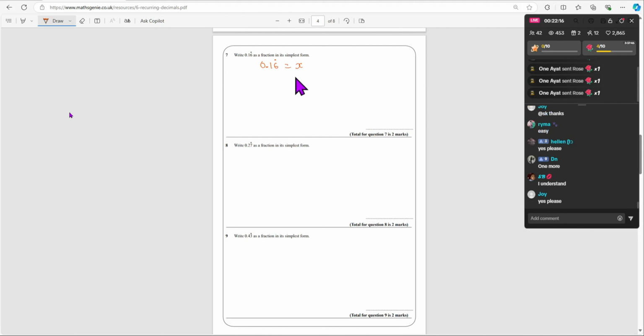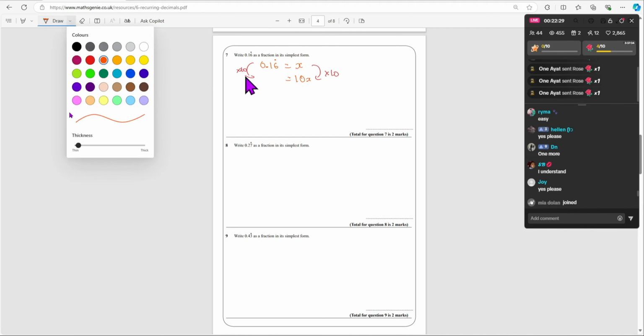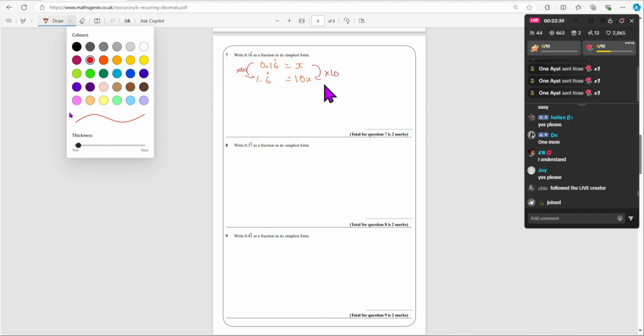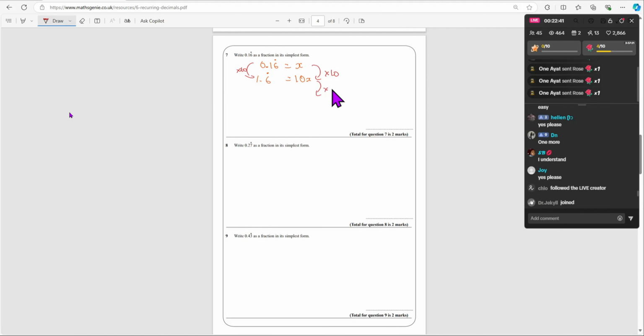Then we multiply by 10 on both sides, so 10x equals 1.6 recurring. Now we're going to times it by another 10, so 100x is equal to 16.6 recurring.